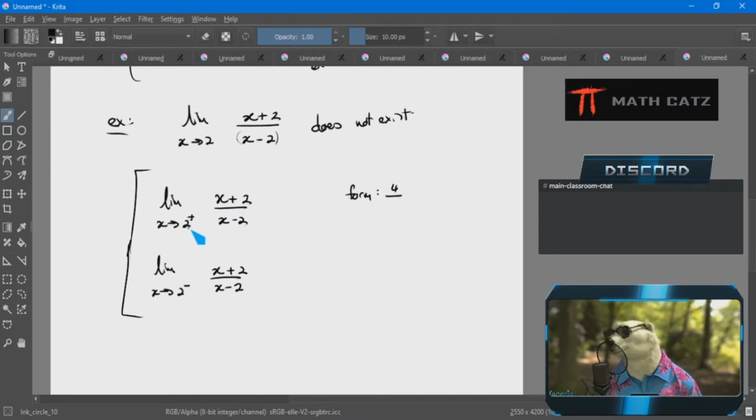If x gets closer to 2, regardless of which side, x plus 2 is going to get closer to 4. Done. If x gets closer to 2, I know x minus 2 is getting closer to 0. But if x is always on the right of 2, x is always a little more, like 2.1, 2.01, 2.001.